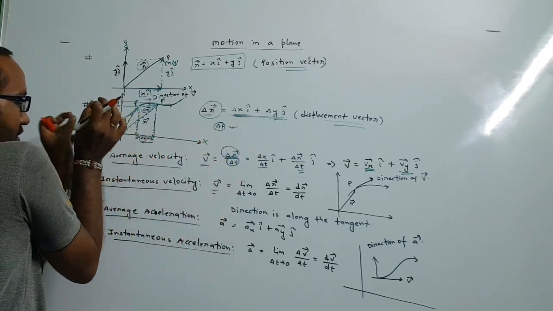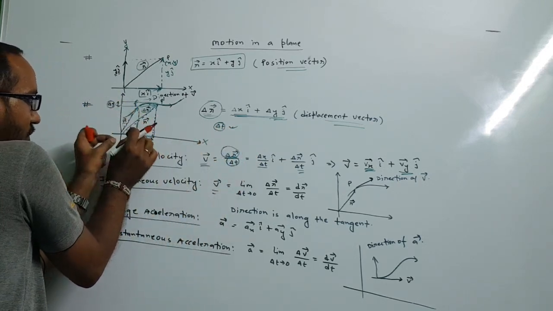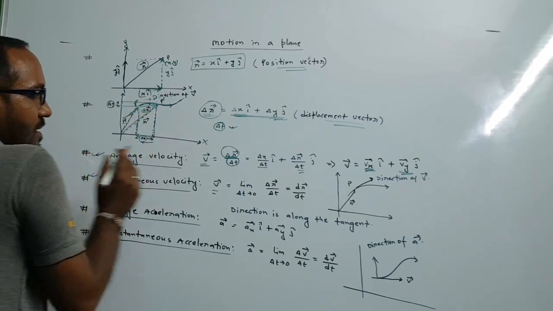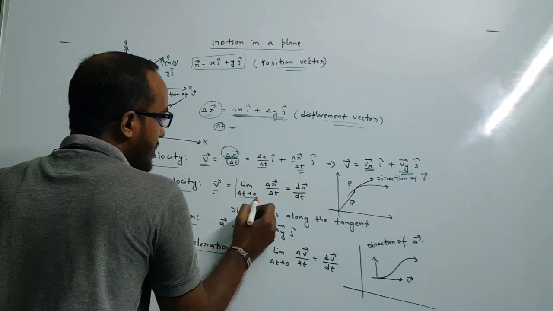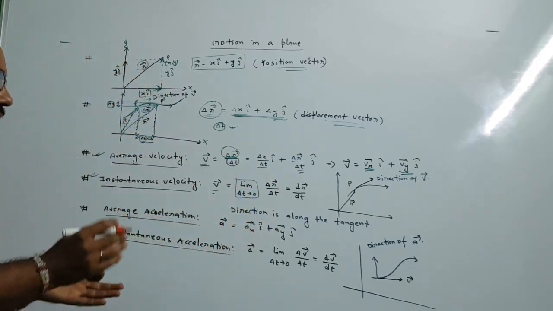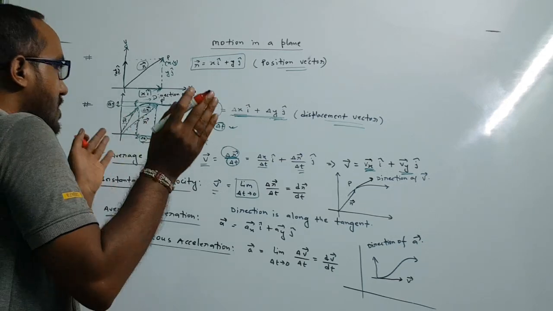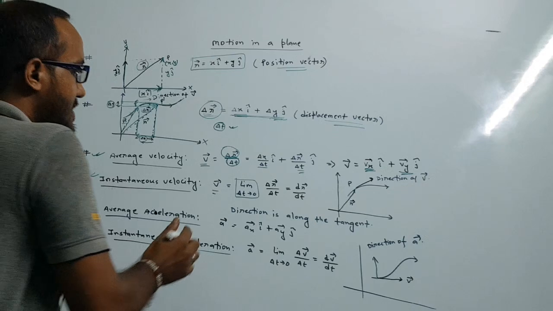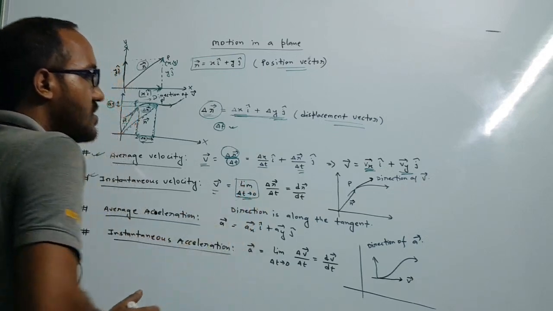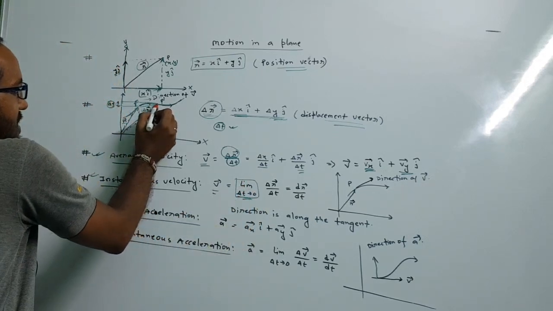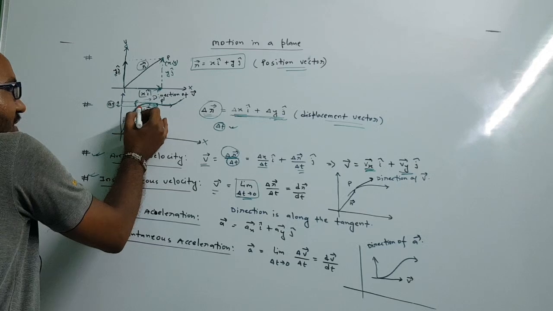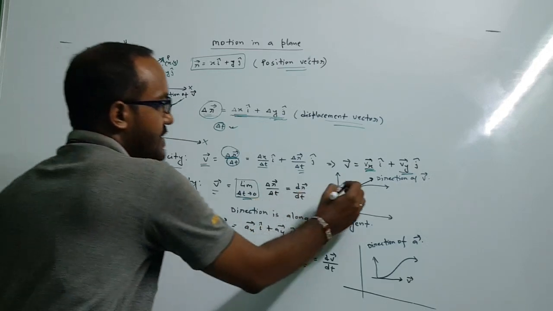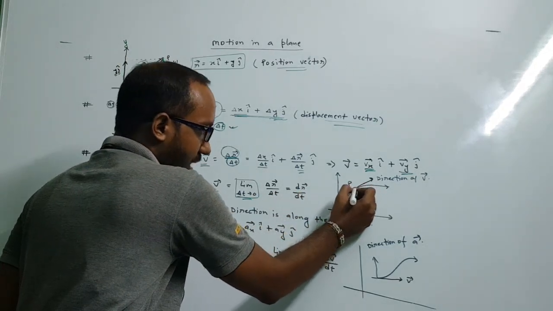If the time is very small to move from p to p prime, we can apply a limit. We apply a limit where we have to minimize the distance, the time, or anything else. So limit delta t tends to 0 means the object which is at p prime is very near to p.